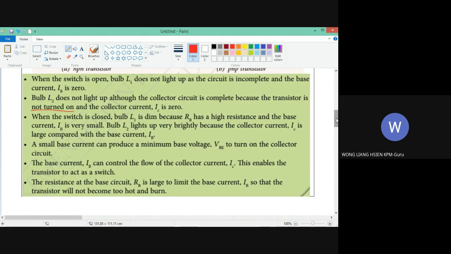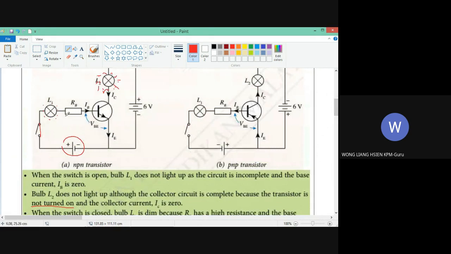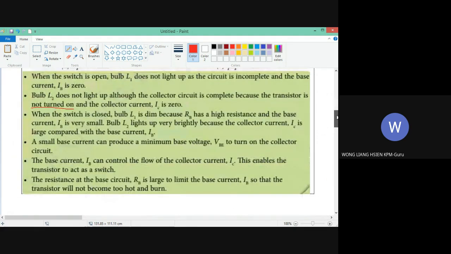Like what I said just now, we purposely put a resistor here so that the current flowing between the base and emitter is not very high, so only a small current flows. Okay. All right. Continue.